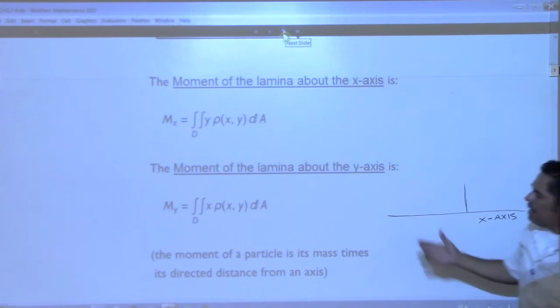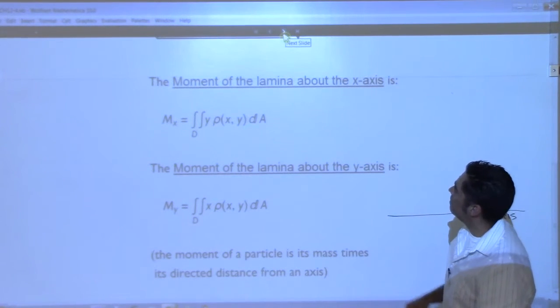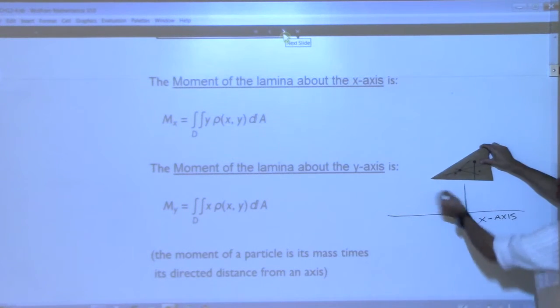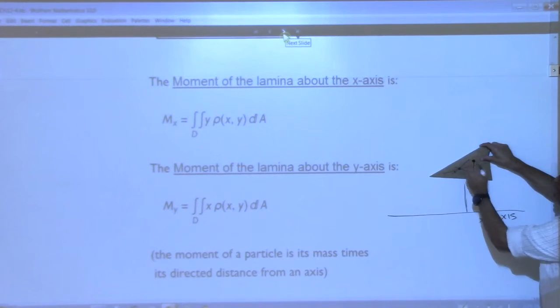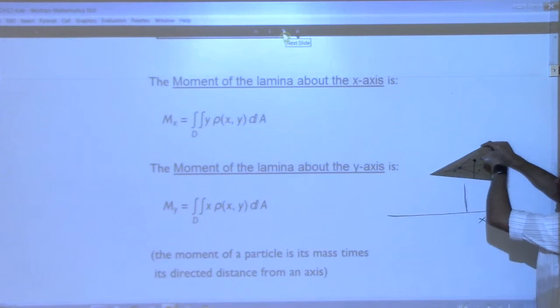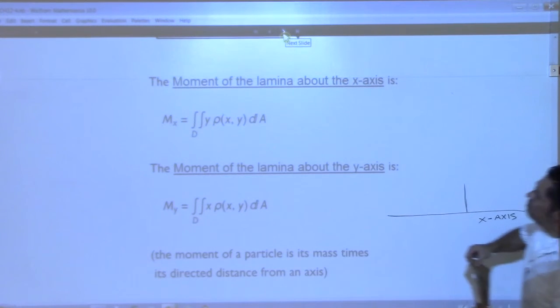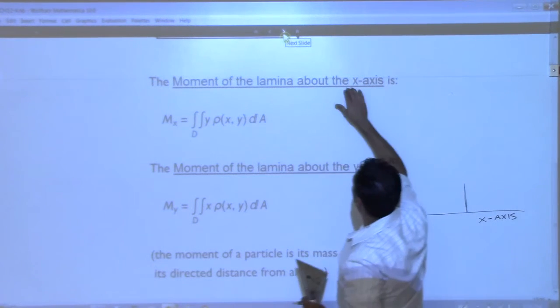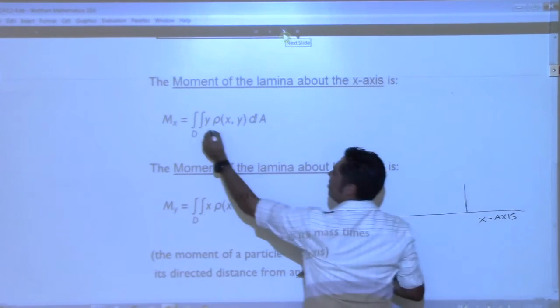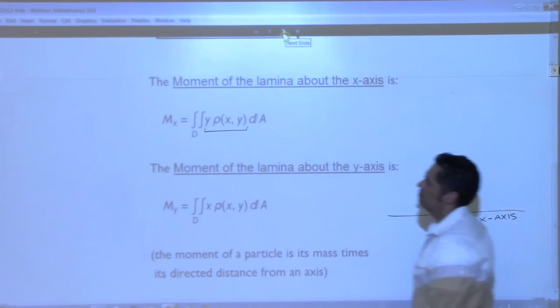And there's a way that we can calculate the moment of the entire lamina. Instead of doing the whole point, we can find the moment of the entire lamina, which should just be, let's see if these formulas make any sense at all, this.